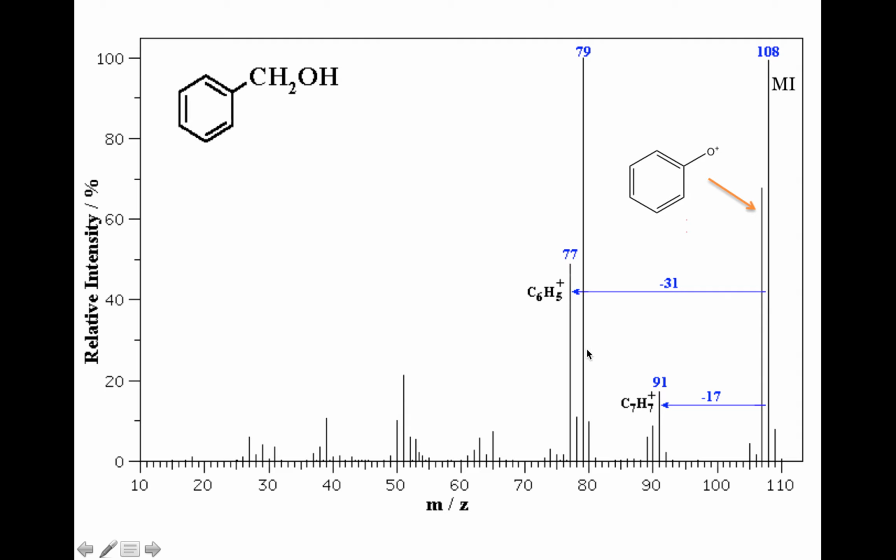Then when it loses 14, you can go to 77. In this case, the base peak is 79 and it cannot be determined. That's fine. We identified 1, 2, 3, 4 peaks again without the base peak. That's sufficient to analyze this benzyl alcohol structure from the mass spectrometry.